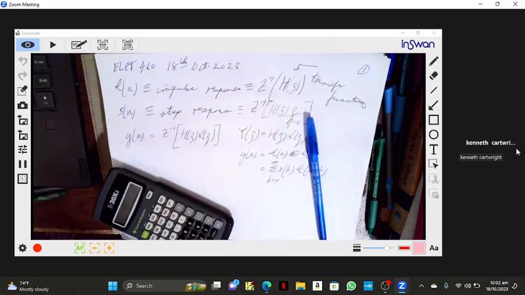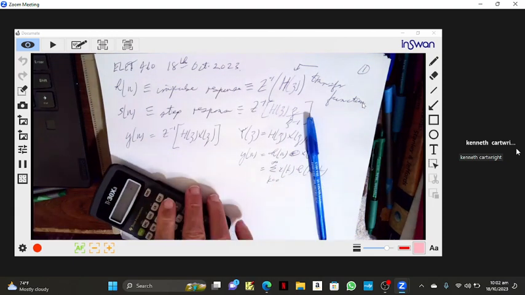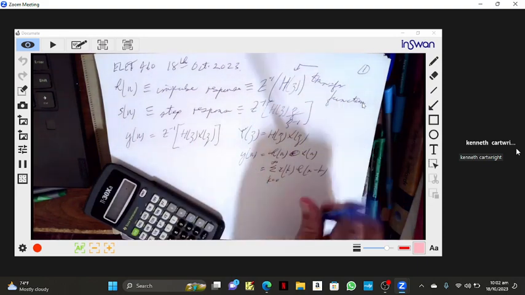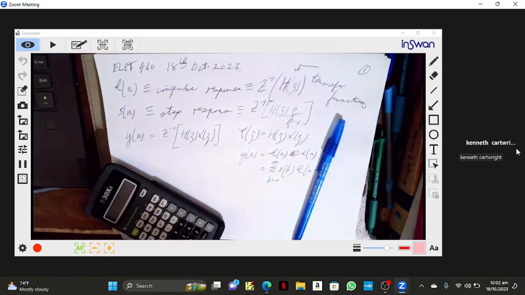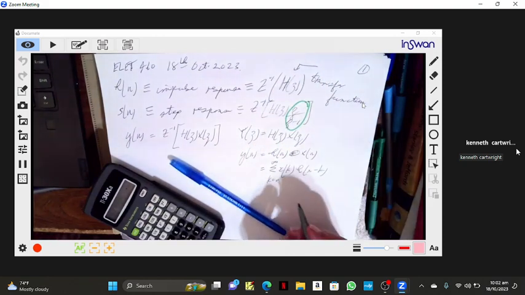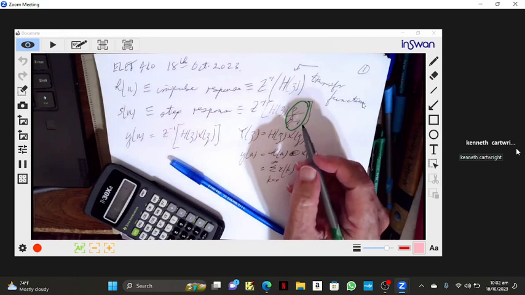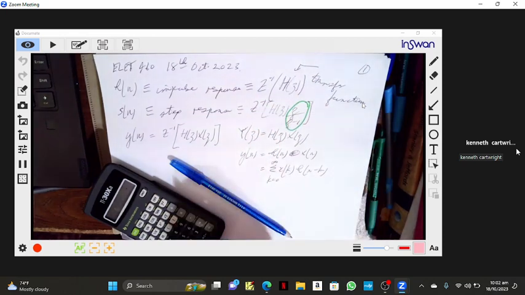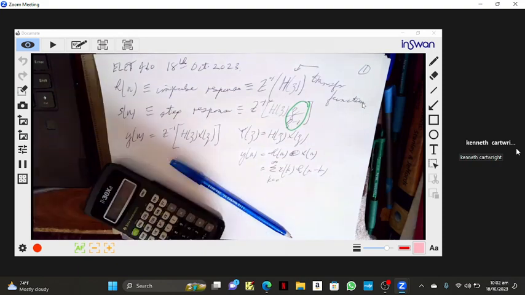On the other hand, the step response, the input is a step, okay? So x of z is a step. The z transform of the step times the transfer function, that's y of z.